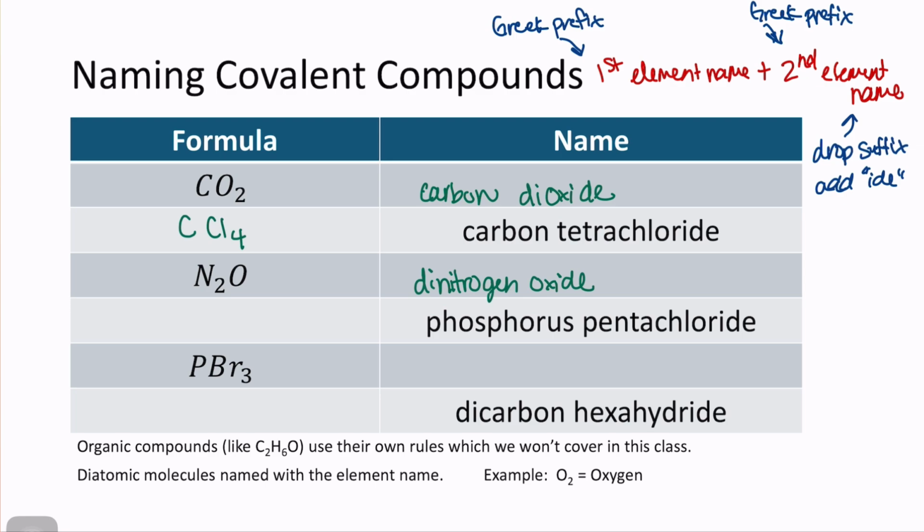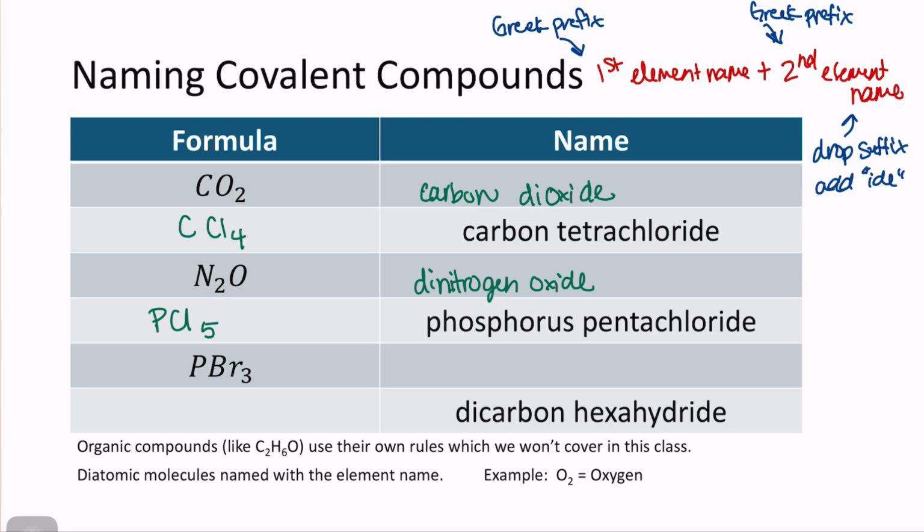Phosphorus pentachloride. I only have one phosphorus, so I'll write my P, but I can see my Greek prefix is penta, and penta means five. So I'm going to write PCl5. Now, this is a compound, so these two need to be next to each other. Don't put a space in between them.